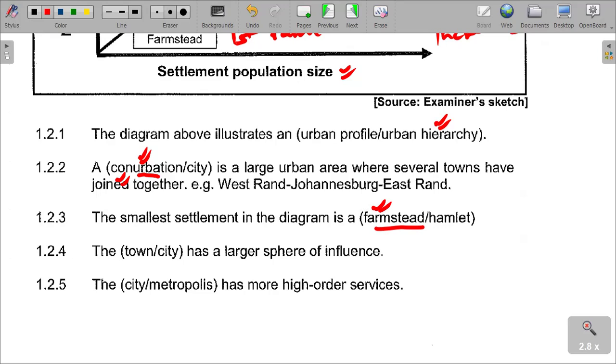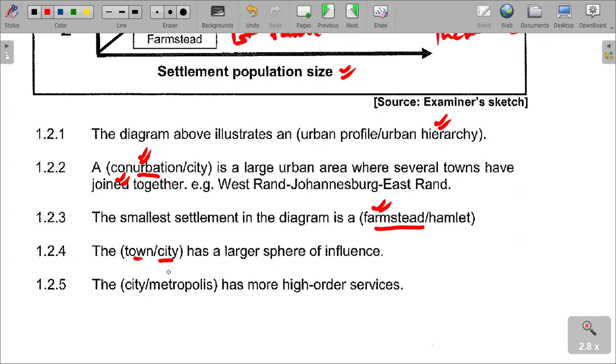And then the town or a city has a large sphere of influence. Looking at the city and the town, which one has a larger sphere of influence? The sphere of influence of any given service is the maximum distance through which people are prepared to travel to get a service.